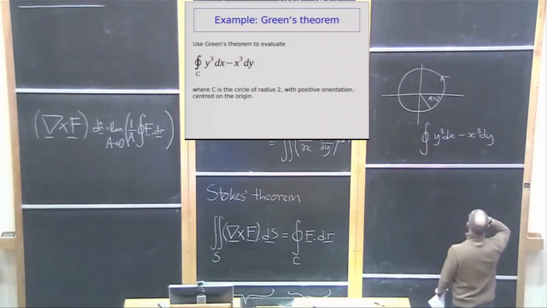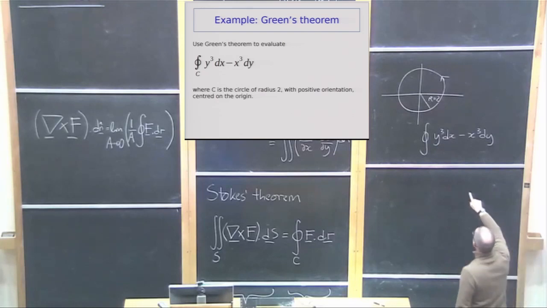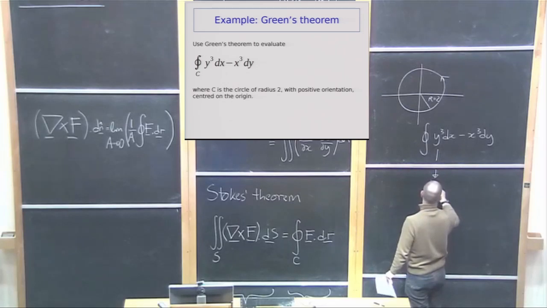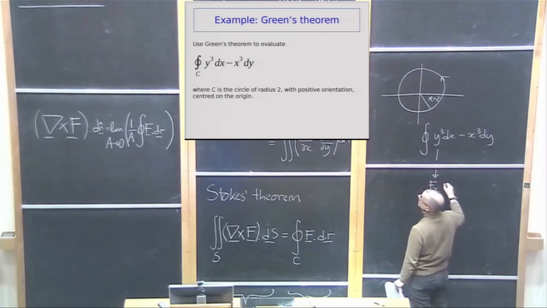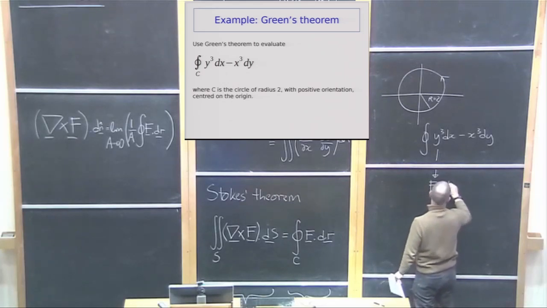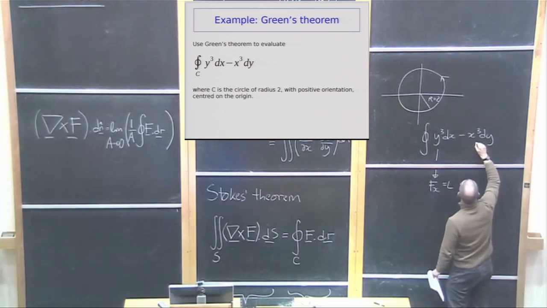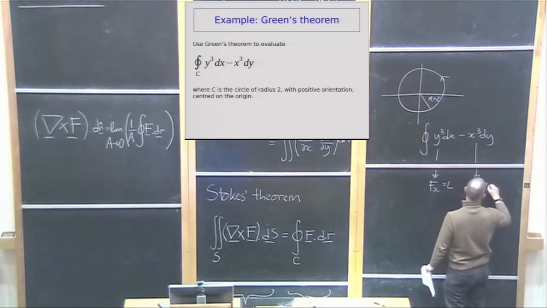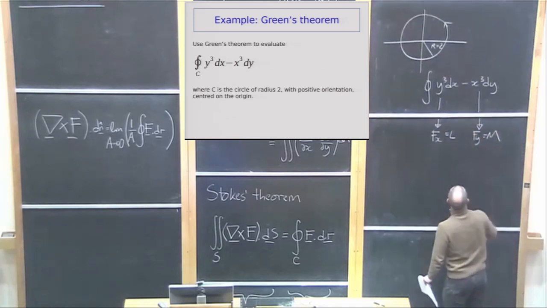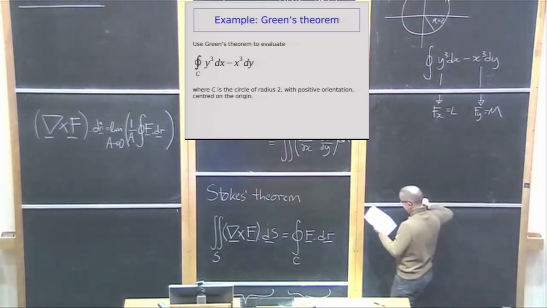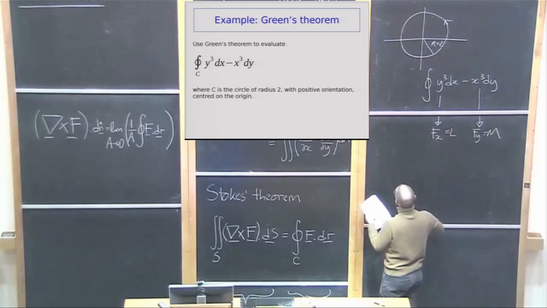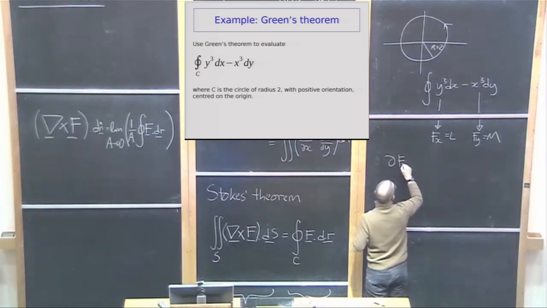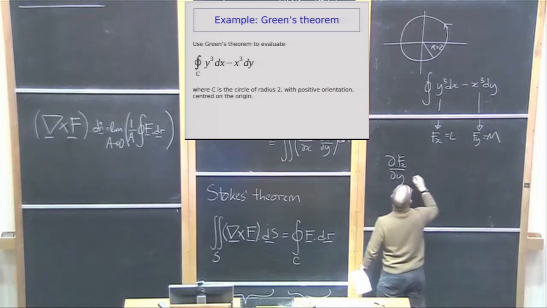So we're identifying this component here as fx, or equivalently as L in the normal expression of Green's theorem, and this we're identifying as fy, which equals M in the common formulation of Green's theorem. So we want to work out dfx by dy.